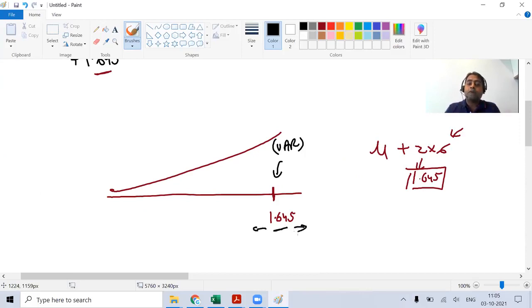When I want to find the confidence interval, I primarily need this middle point, which is 1.645. I will do plus and minus some z value or critical value; generally, we take z critical values. And then I also need the standard error. So this standard error is what I will have to find first, the standard error for my VaR, and then I will use it in the entire calculation.